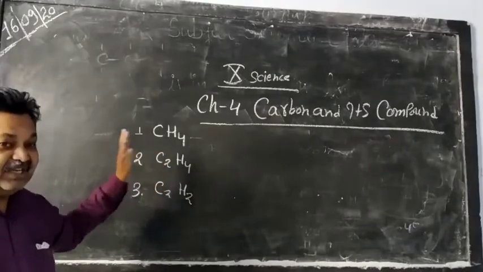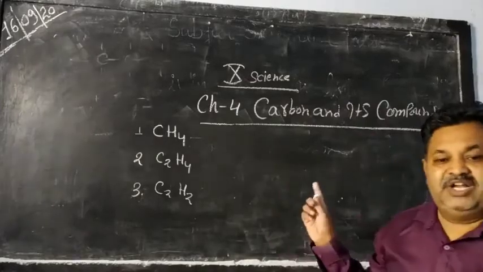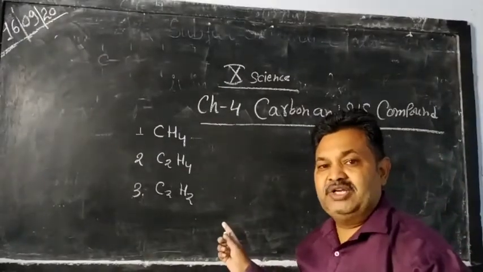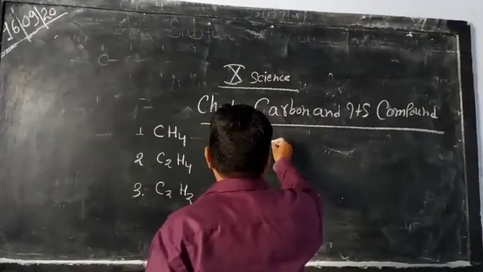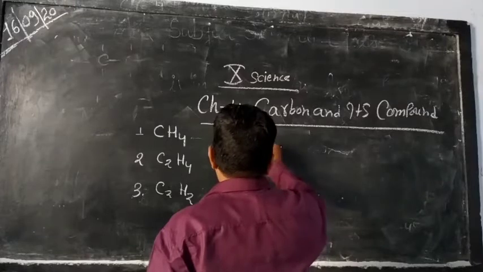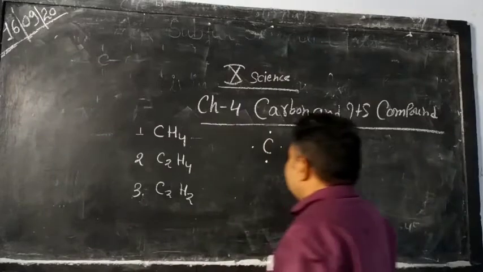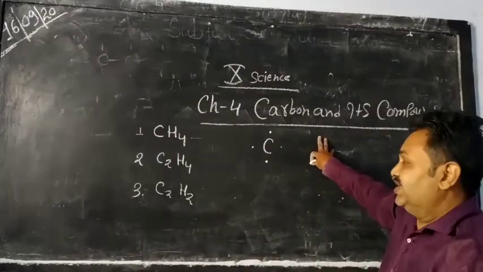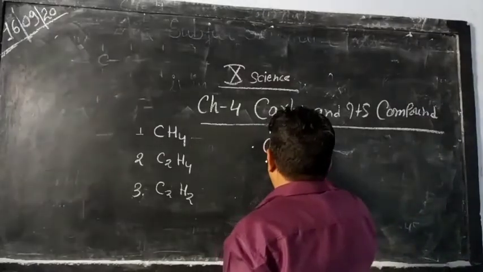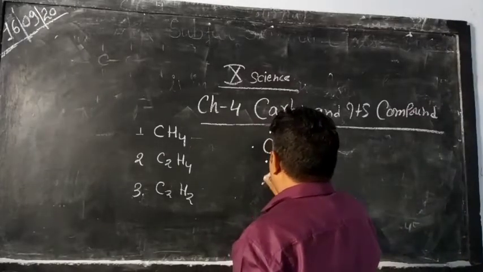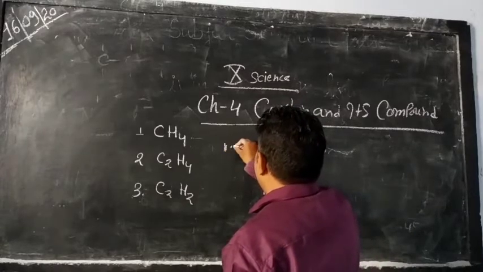Now let's see the structure of these three compounds, which shows single covalent bond, double covalent bond, and triple covalent bond. Now first one is methane. You know that carbon has 4 electrons in its outermost shell, and to complete its octet it requires 4 electrons, which it gets from the 4 hydrogen and forms 4 single covalent bonds.